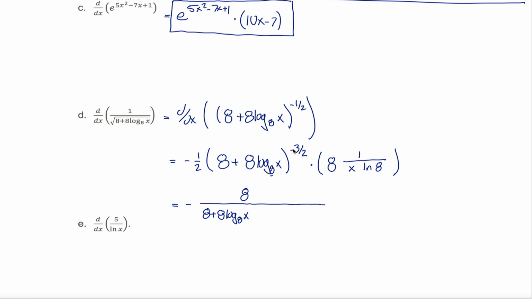The negative is already taken care of by the fact that I put it down on the bottom here. Raising it up to the 3/2 power means cubing it for the 3 and taking the square root for the 1/2. That square root ends right here, and then I have to multiply that by x times the natural log of 8, all the stuff that's down in the denominator over here.